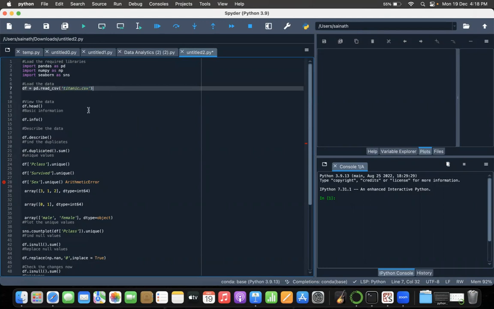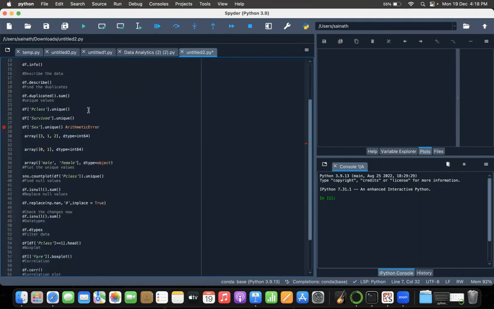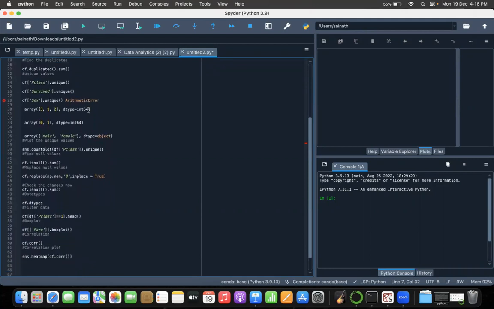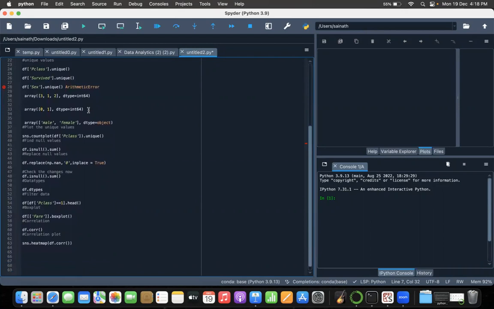When we view the data, we type df.head. This is the basic information. When you want to describe the data, we type df.describe. Or when you want to find the duplicates, we type df.duplicated().sum().